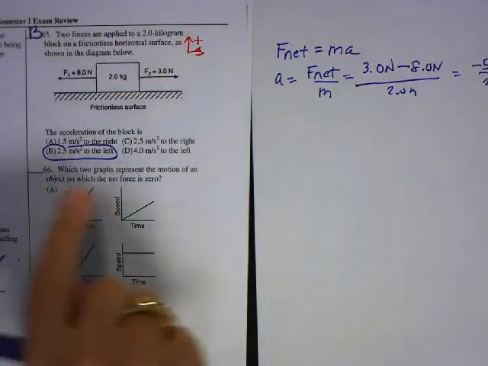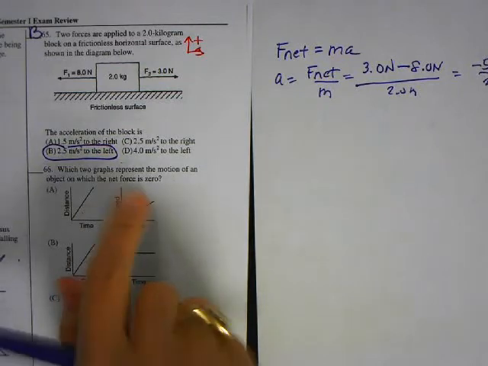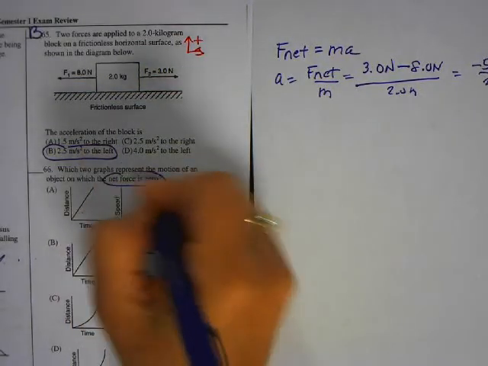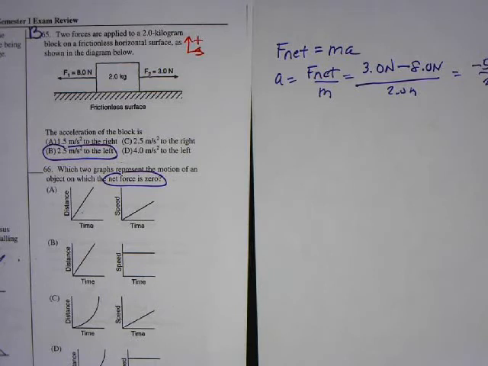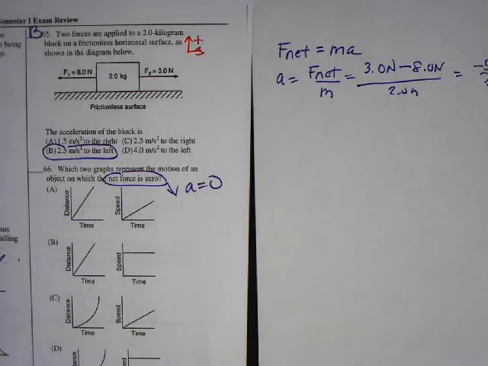Number 66, which two graphs represent the motion of an object on which the net force is 0? First of all, I'm going to say to myself, the net force is 0. What does that mean? If the net force is 0, that means the acceleration is 0. The next thing I'm going to do is look at my graphs, and I want one where the acceleration is 0.